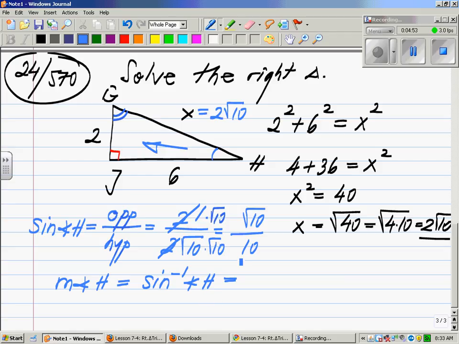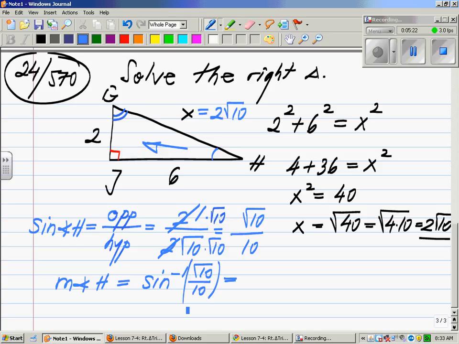You have to use your calculator and find the inverse sine of square root 10 over 10. Well, it's actually not the inverse sine of angle H, it's the inverse sine of square root 10 over 10. Alright? Square root 10 over 10.